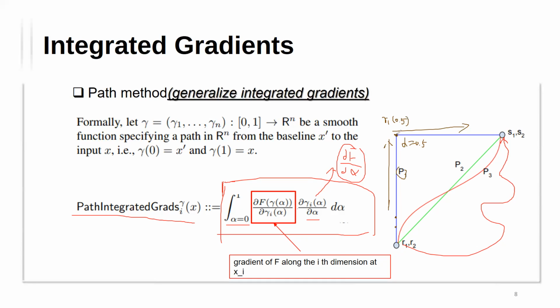This is the point, and for example, for path 2, this is gamma 2 of 0.5. So when you use different paths, the gamma alpha is different.